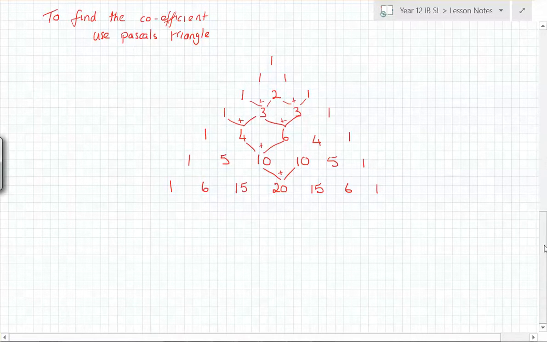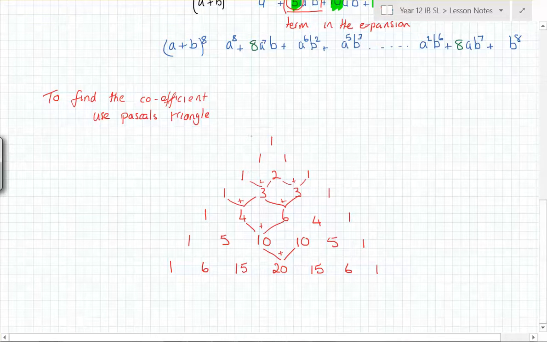So what that means is, this 1 on its own is when you have a plus b to the power of 0, because anything to the power of 0 is just 1. When we have a plus b to the power of 1, it is just a plus b, 1a, 1b. But when we have a plus b to the power of 2, we have 3 terms, a coefficient 1, then 2, then 1, and so on.